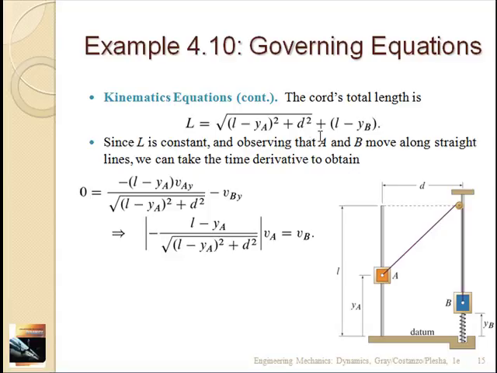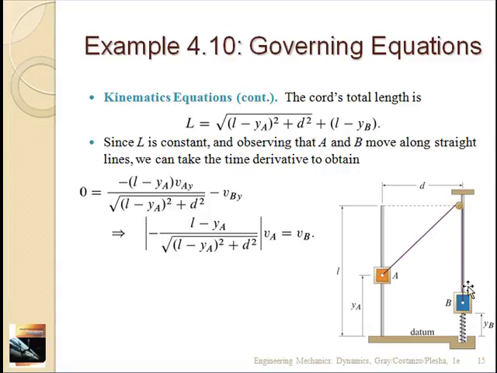All right, now we need to connect the two velocities because the string is assumed to be inextensible, and therefore the velocities of the two particles are not independent. They are dependent on each other. And we let L be the cord's total length, so that's the length of this piece plus the length of this piece.